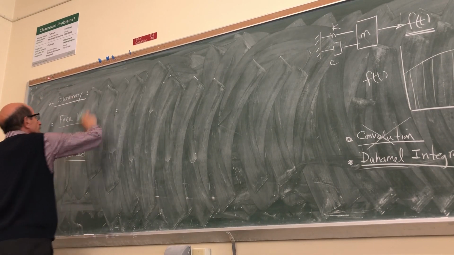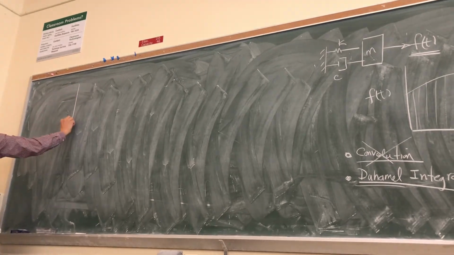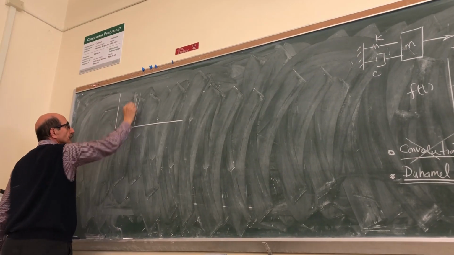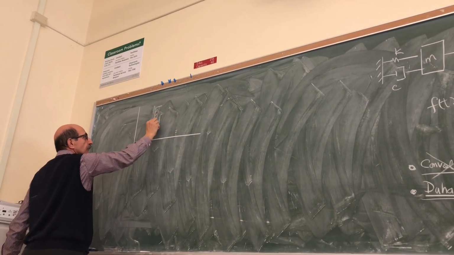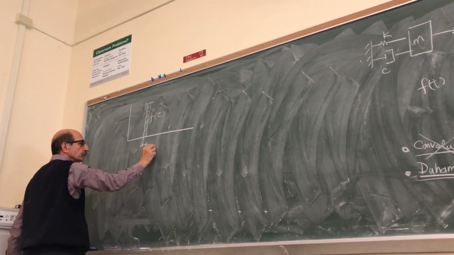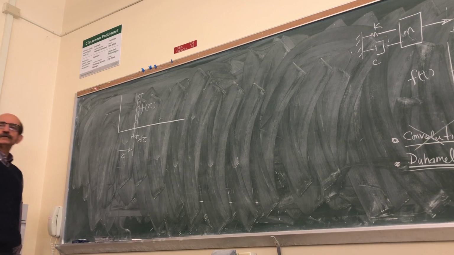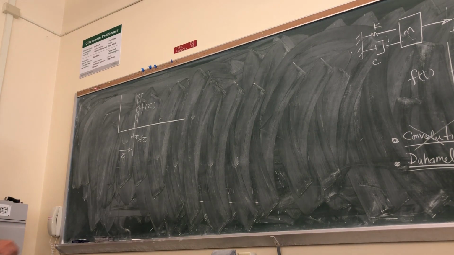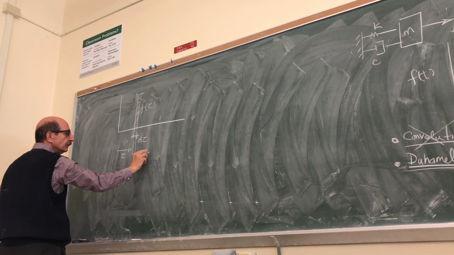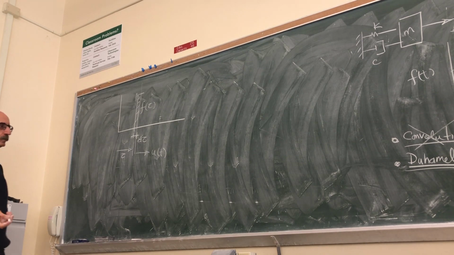In other words, let me redraw that because it's very important. What we are saying is you have a force right here of this magnitude, this duration, this impulse load, applied at this time of t equals tau. Right there, this force is going to generate a displacement, and that displacement was what?